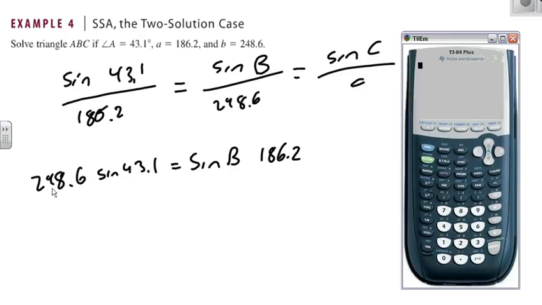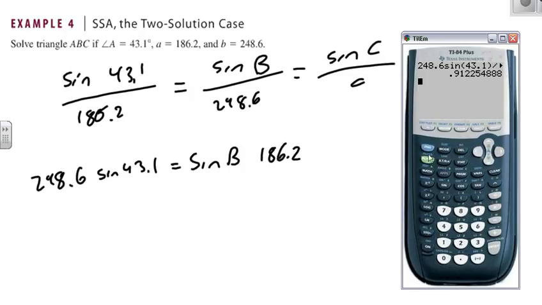So let's divide by 186.2. Divided by 186.2. So we just get 0.91225 equals sine of b.